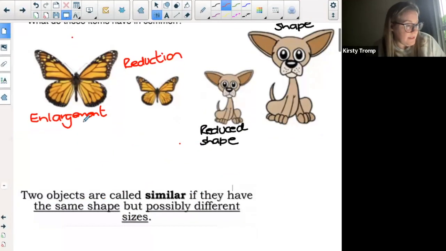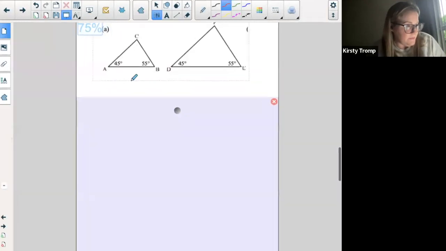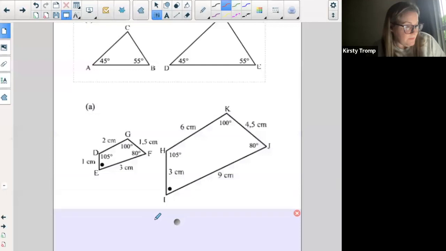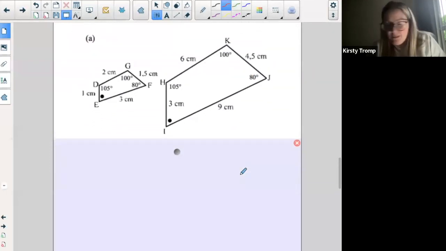So let's have a look at where we were before we ran out of space. Oh my goodness, that's a lot of figures. That looks like two trapeziums to me, four-sided figures. I've got some numbers there, some angles, and then a dot, it looks like.